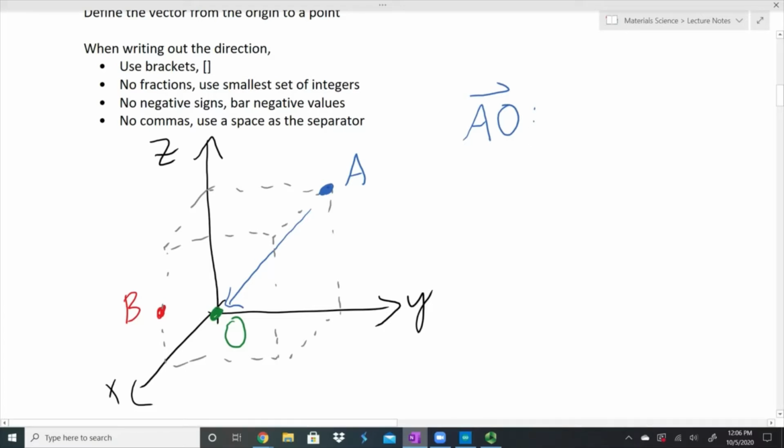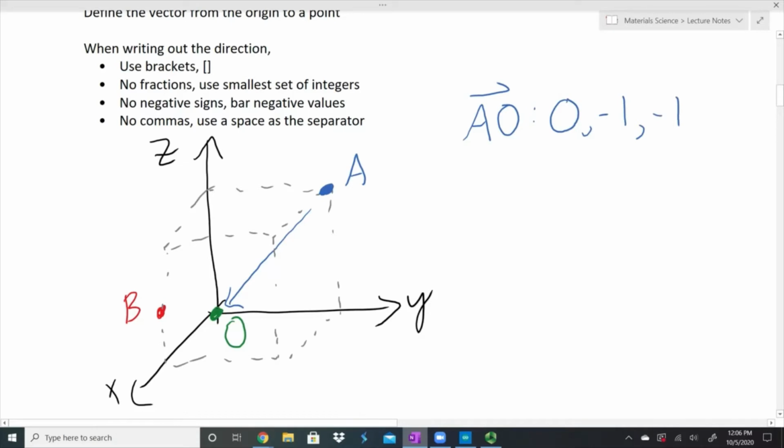If I start here at A, what am I going to be doing to get to my origin? In my x, I don't go any direction because this point is in the YZ plane. In the y direction, I go -1. And in the z direction, I'm going to go -1. So I start off with saying, all right, I have this 0, this -1, and -1.